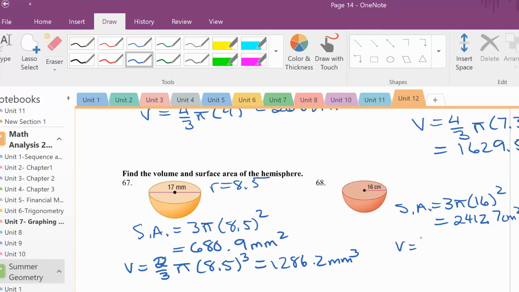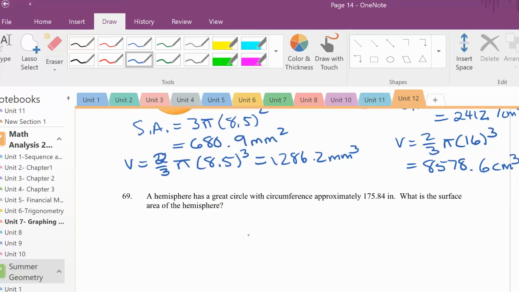And the volume is 2/3 pi r cubed. So it's 2/3 times pi times 16 to the third is 8,578.6 cubic centimeters.